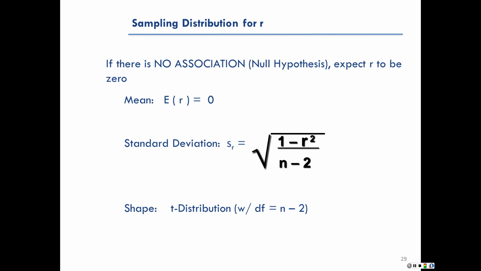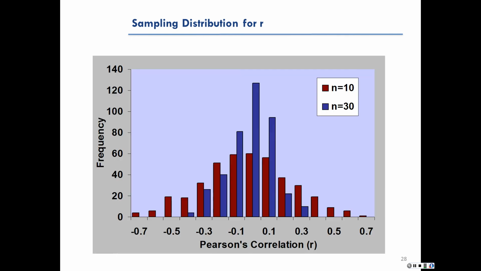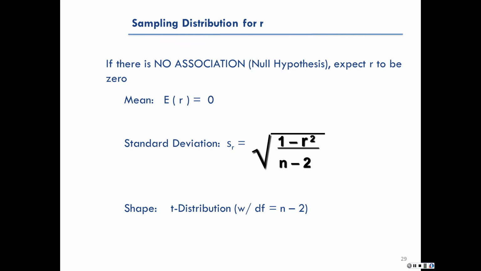And so, we can conduct statistical tests of null hypotheses for the correlation coefficient r. And so if there's no association at all, we expect r to be 0. So this is also the mean or the expected value of r, which you can see from the way the data is distributed around 0 there.